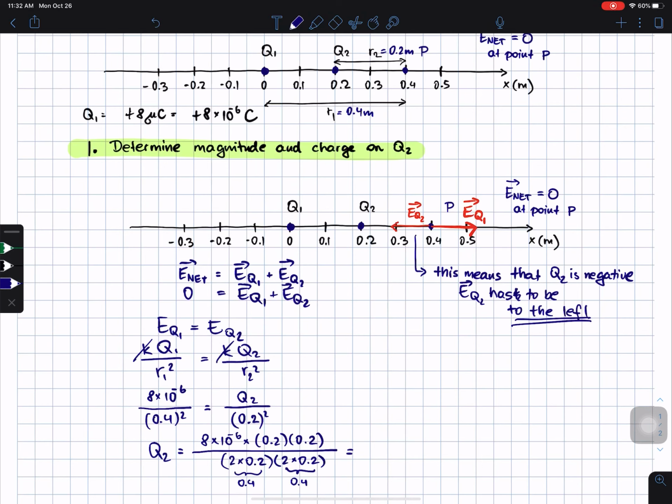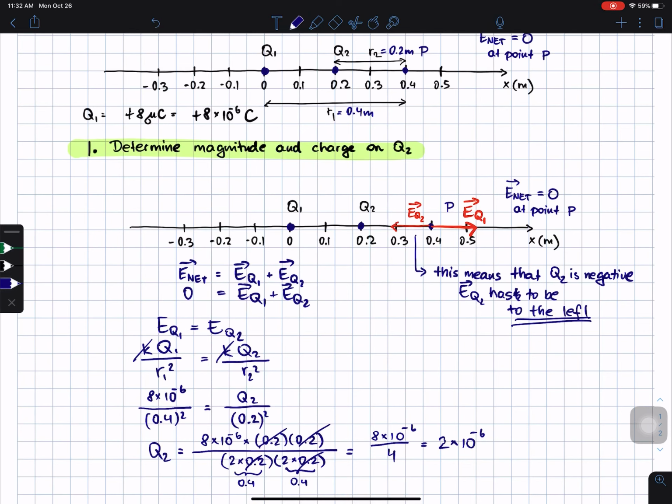I do this just to show you that you can do this completely without the use of a calculator. What you get is 8 times 10 to the power of negative 6 divided by 4, which is 2 times 10 to the power of negative 6.